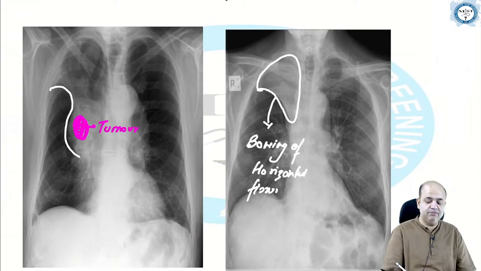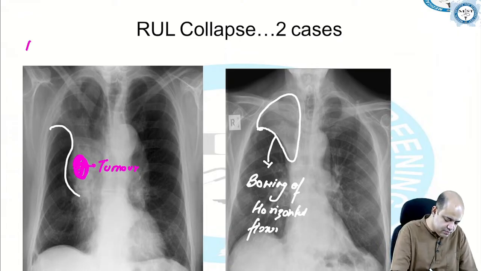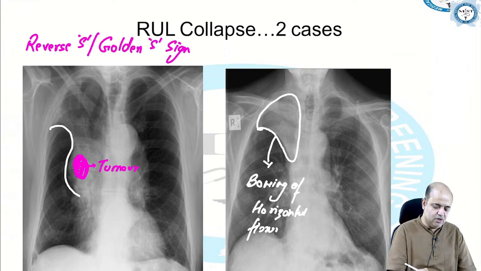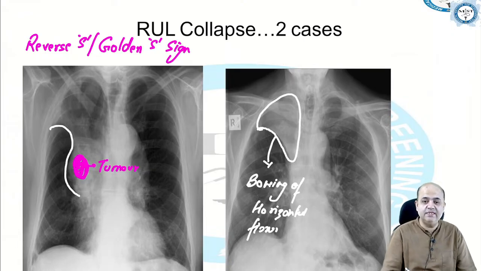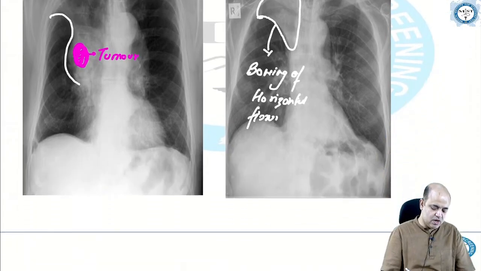This sign is called the reverse S sign or the Golden S sign. The reverse S sign or Golden S sign is a feature of the right upper lobe collapse due to bronchogenic cancer or lung cancer.